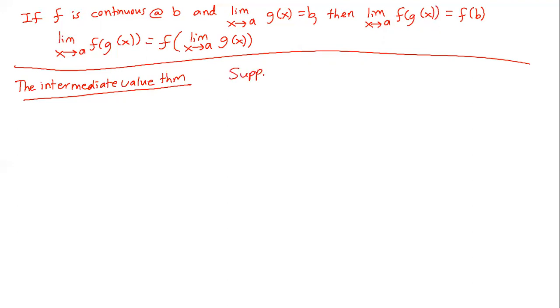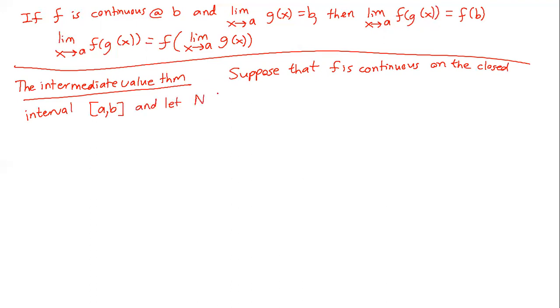So suppose that f is continuous on the closed interval [a, b], and let n be any number between f(a) and f(b), where f(a) does not equal f(b).